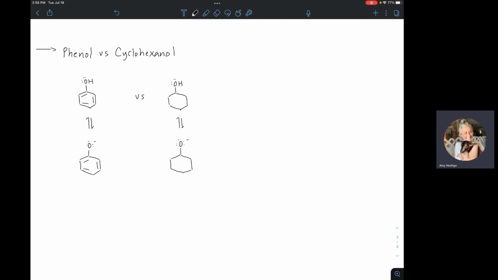I can delocalize those lone pairs of electrons into the ring, and by resonance this anion is more stable.